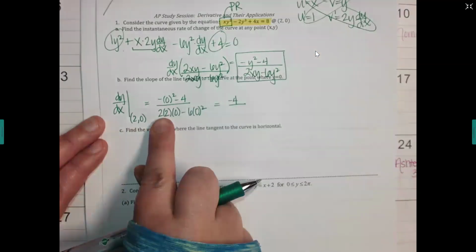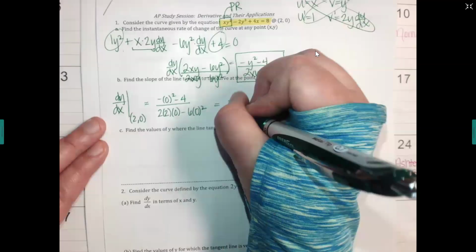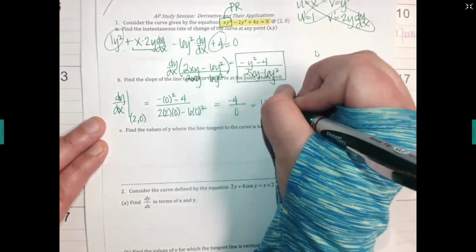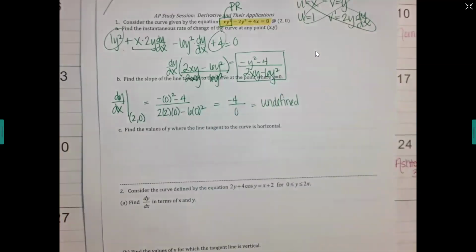Negative 4. Over on bottom, 2 times 2 times 0. That would be 0, yeah? Okay, that means that it's an undefined slope. And remember, for an undefined slope, that's where you get a 0 only on the bottom.